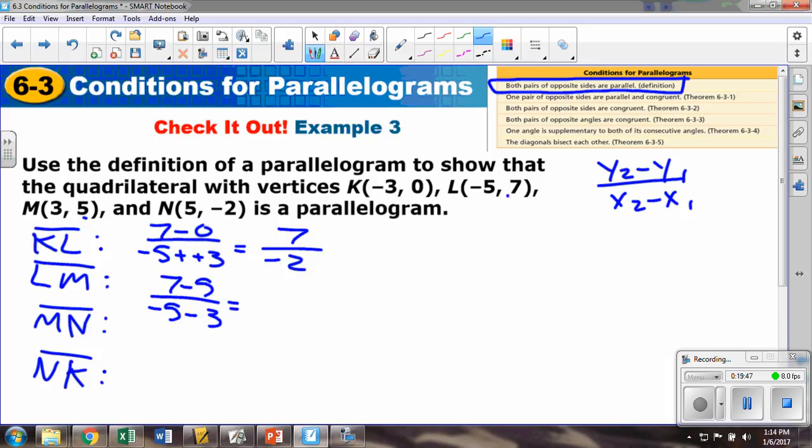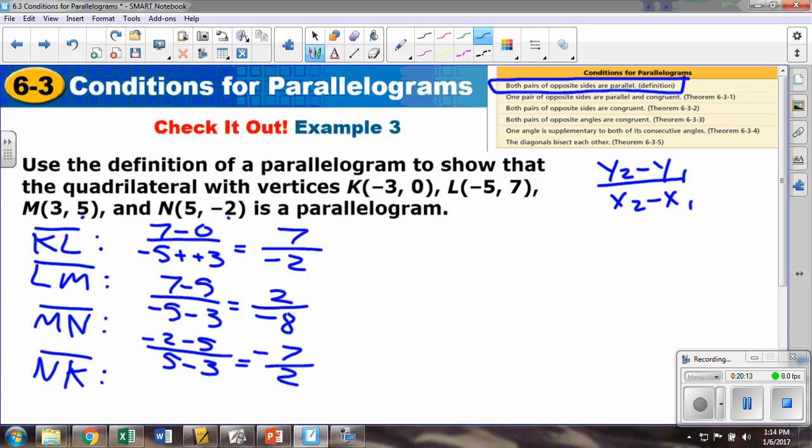That's 2 over -8. Okay, going to the third set. M and N. Negative 2 subtract 5, 5 subtract 3 gives us negative 7 over 2.